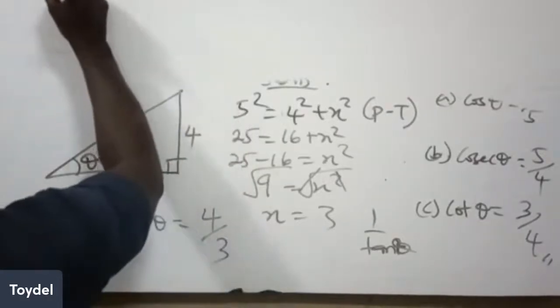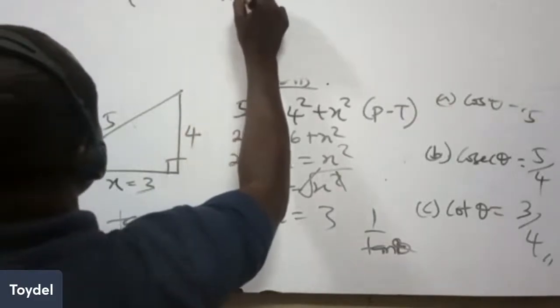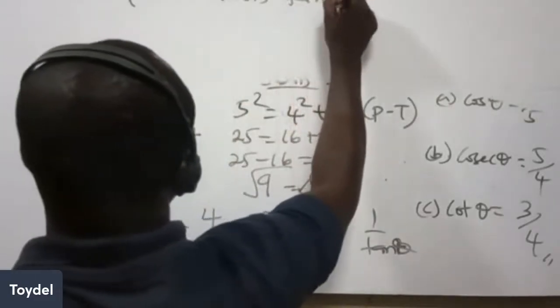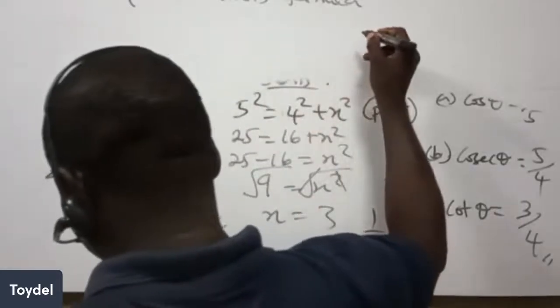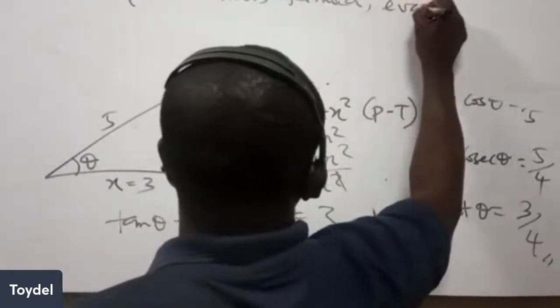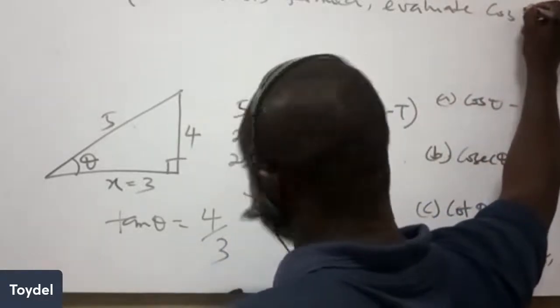Then number 7, the question says using addition formula. I also have this in one of my videos, so please just check. Evaluate cos 15 degrees.